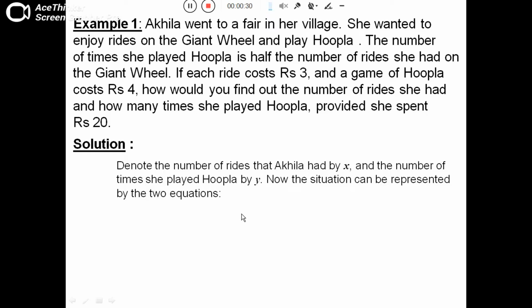The first situation is that the number of times she played hoopla is half of the number of rides she had taken on the wheel. This means y is equal to x upon 2, so y is half of x. When you solve this equation, you get x minus 2y is equal to 0.